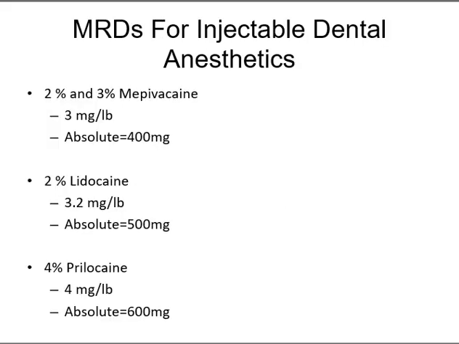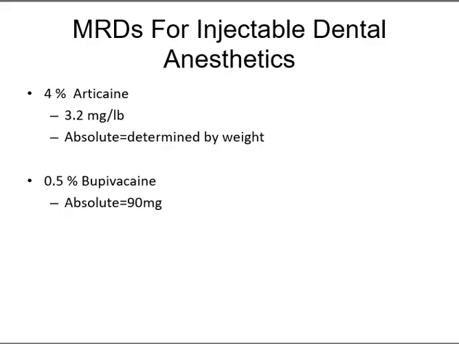So the MRDs for injectable dental anesthetics: for 2 and 3% mepivacaine, you're allowed to give 3 milligrams of mepivacaine per pound with an absolute maximum recommended dose of 400 milligrams. 2% lidocaine is 3.2 milligrams per pound with an absolute MRD of 500 milligrams. 4% prilocaine is 4 milligrams per pound with an absolute of 600 milligrams. 4% articaine is 3.2 milligrams per pound.